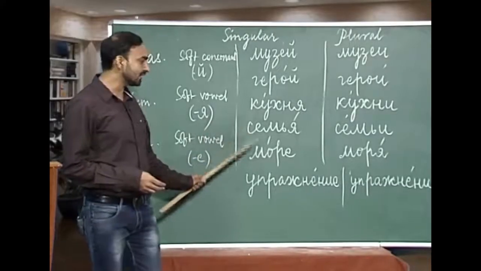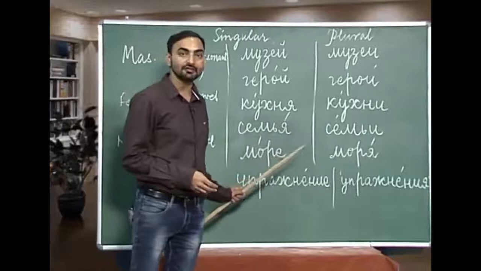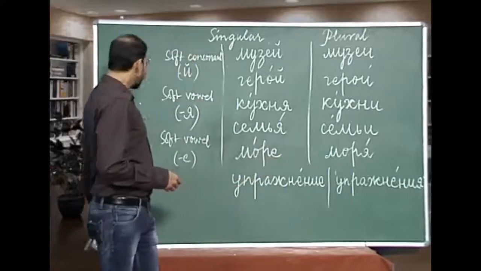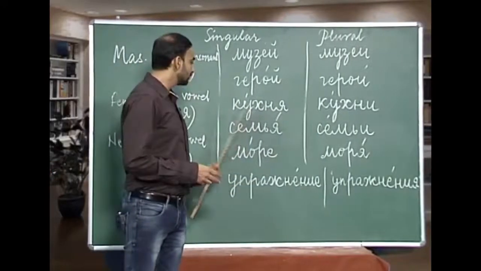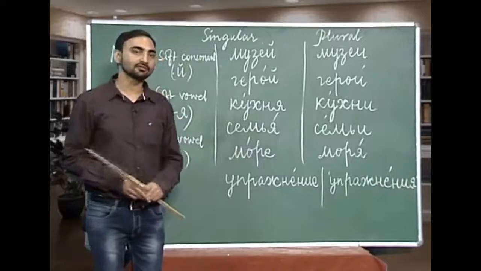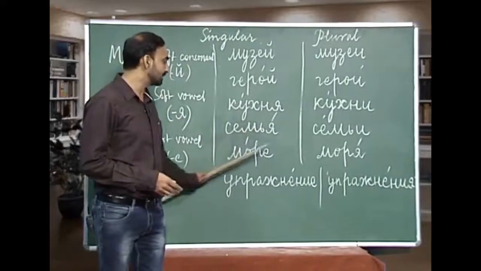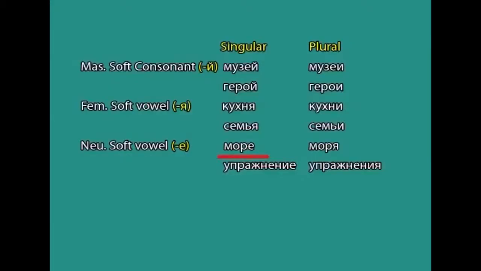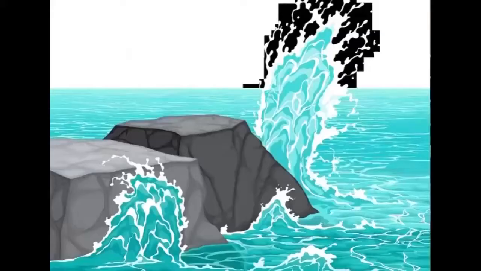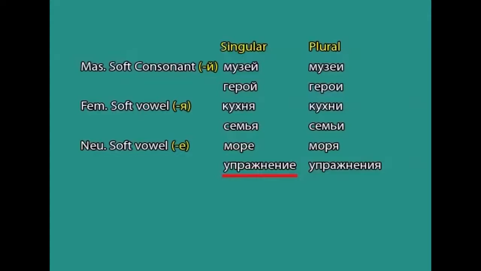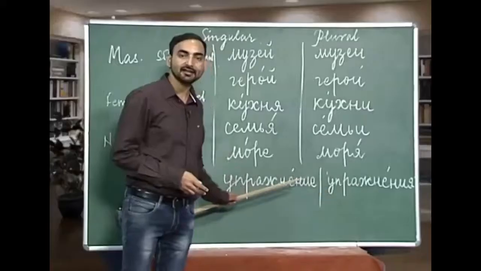Now comes the neuter gender noun with soft vowel ye. The neuter gender nouns which end with a soft vowel ye are again soft ending nouns. So, how do we make plural of those nouns? Let us take examples. First noun that I have written is m-o-r-ye, more. More is sea. Uprazhneniye, exercise.